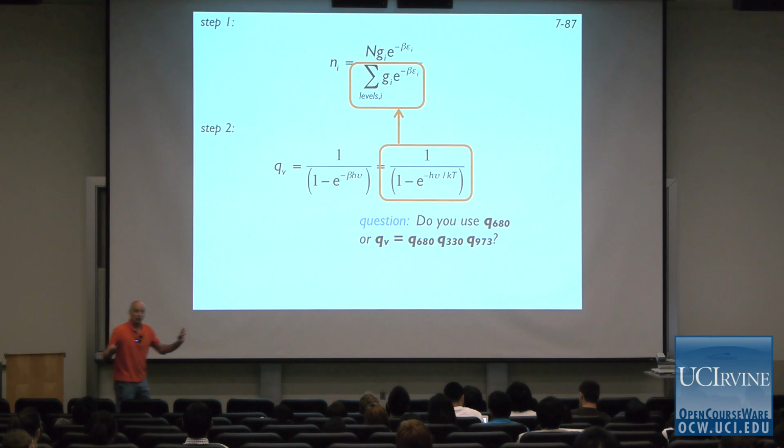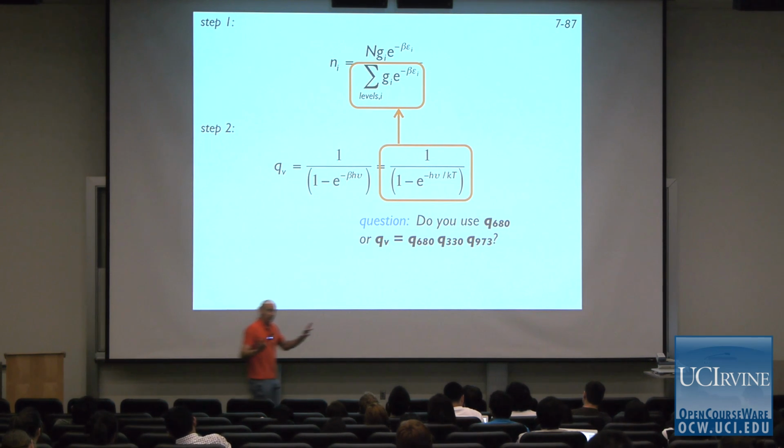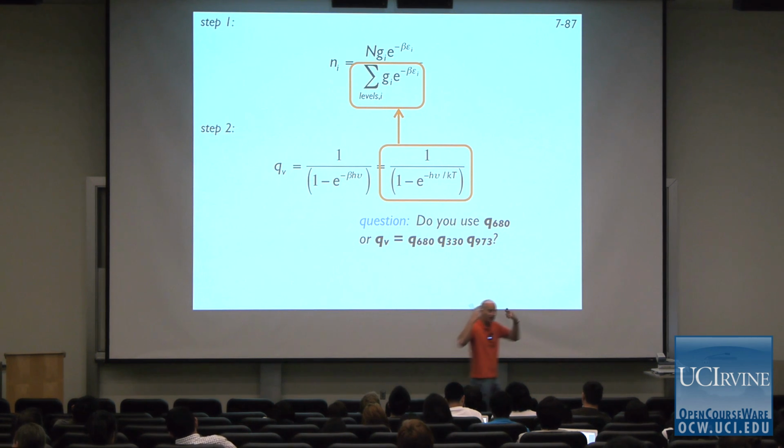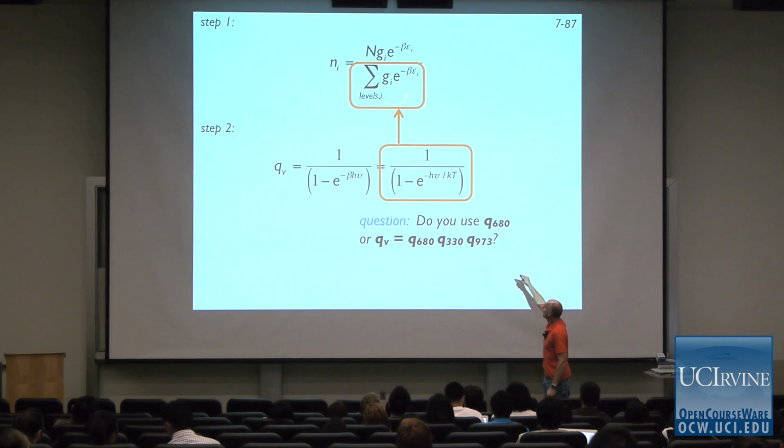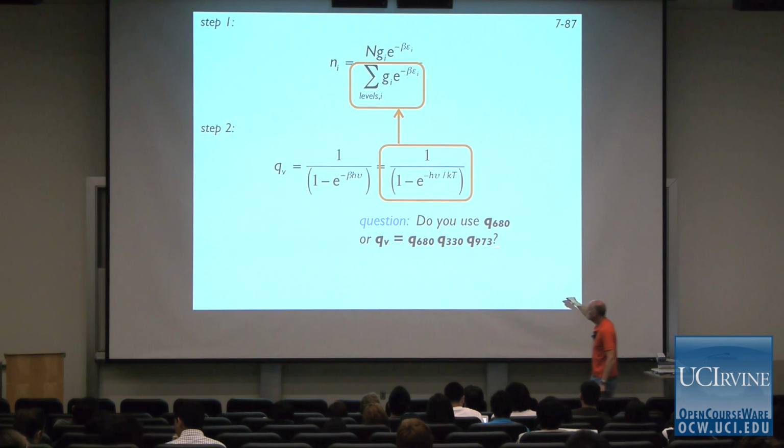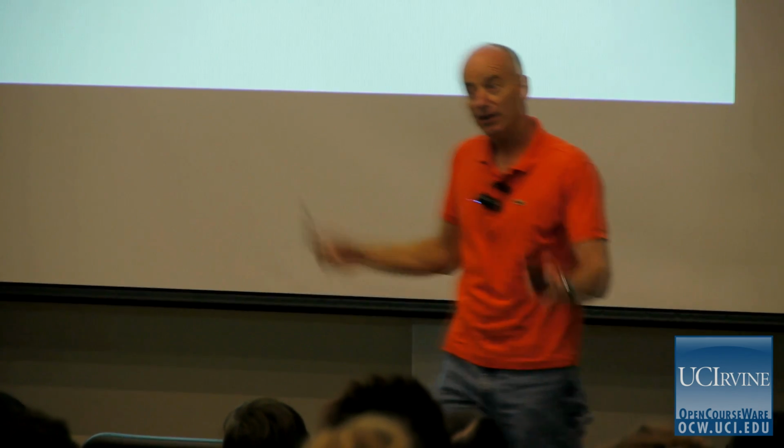Do you see that conundrum? The difficulty in the calculation here is, what are you going to use for this Q down here? Are you going to use the overall partition function for the molecule, which has 3 terms in it, or are you just going to use the Q680?